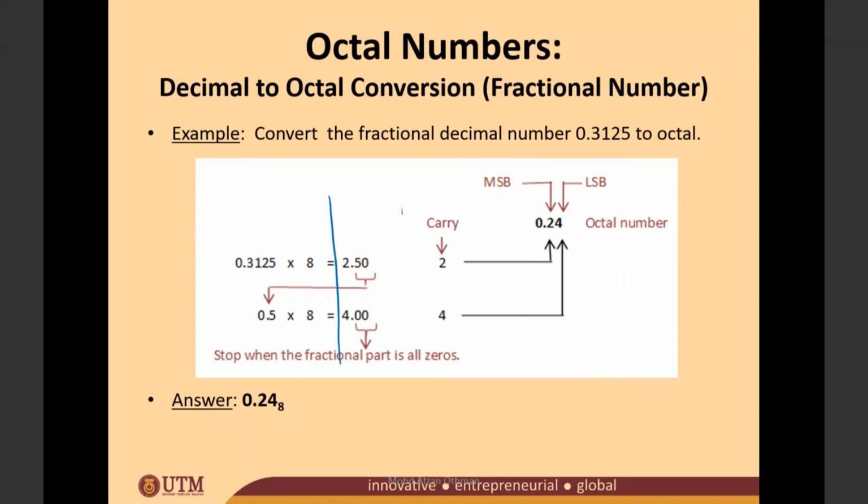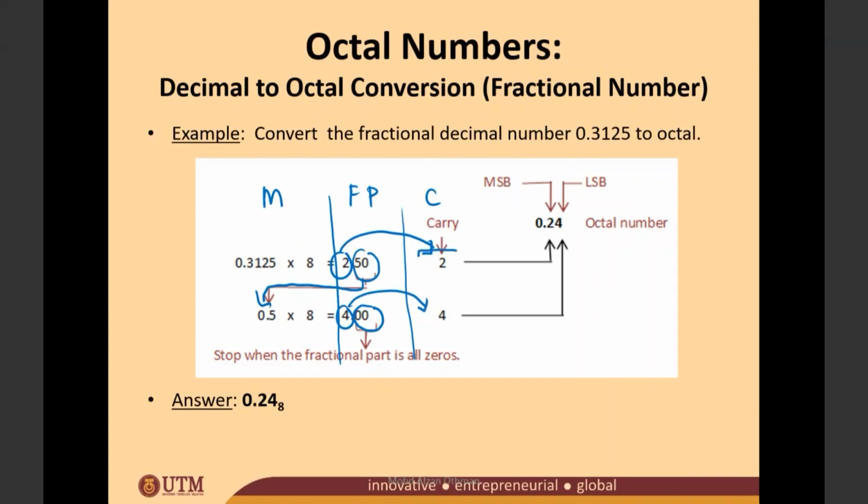So this is a fractional product, this is the multiplication, this is the carry. Since hasil darab dekat dia punya nombor puluhan masih lagi tak kosong, so kamu darab kat sini lah. Bawa kat sini, and this one become the carry. Darab lagi dengan 8, 0.5 darab 8, so kamu akan dapat 4.0. Since this one is kosong, so kamu stop.